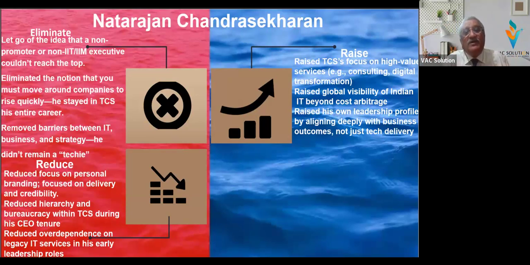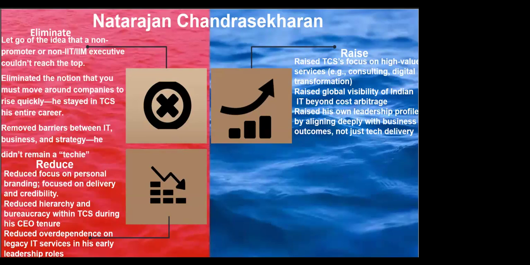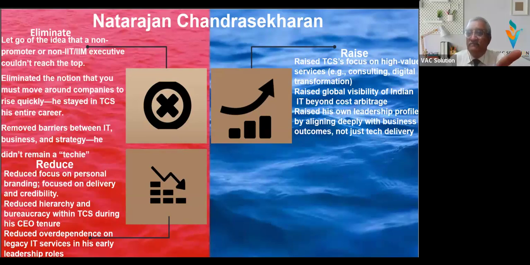What is it we can do? Raise global visibility of Indian IT beyond cost arbitrage. Raised his own leadership profile by aligning deeply with business outcomes, not just tech delivery. You see, again, we are talking about outcome versus output. He measured what outcome he was creating for the company.